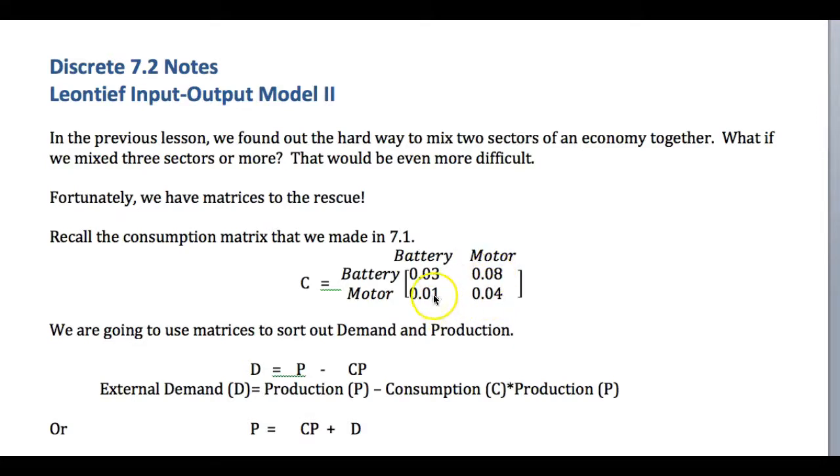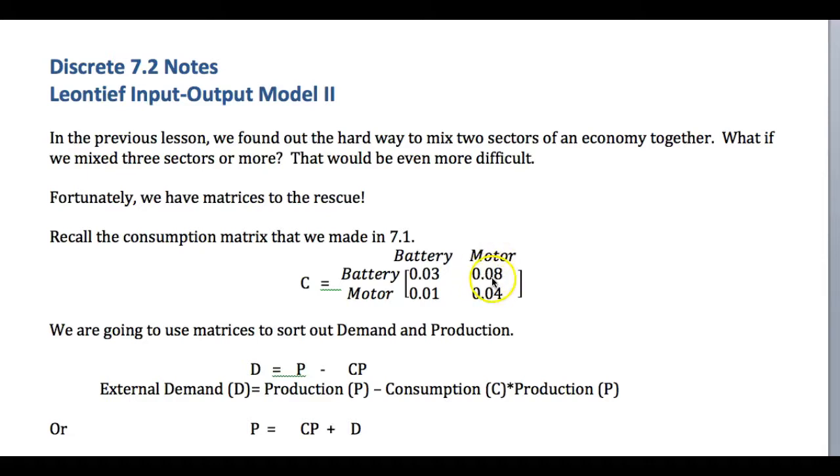Now this number and this number are a little bit more difficult to calculate because it is based upon battery production for this one and motor production for this one. So what happens actually is that with batteries, I need 8% of the motors from the battery company in batteries. This means that the more motors that I produce, the more batteries I need.